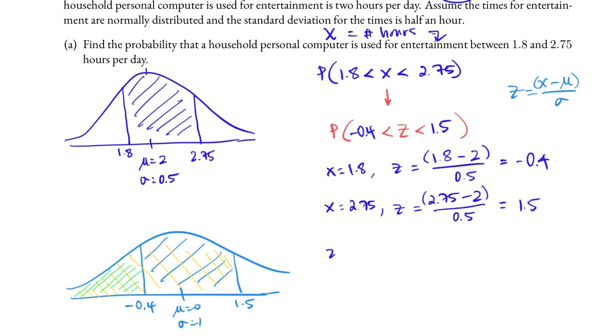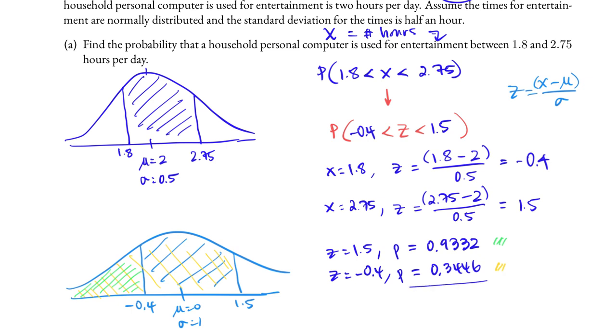For the z-score of 1.5, the area or the probability on the left-hand side is 0.9332. For z equals negative 0.4, the area or the probability on the left is 0.3446. These numbers come from the standard normal table where the mean is 0 and the standard deviation is 1.